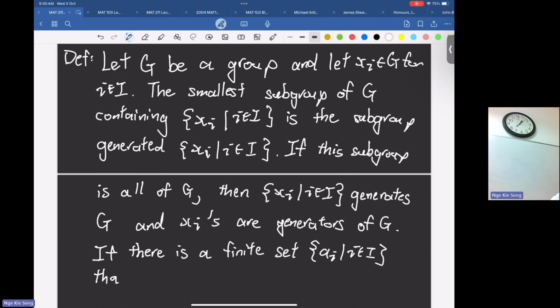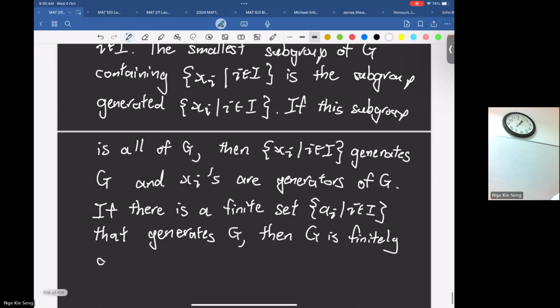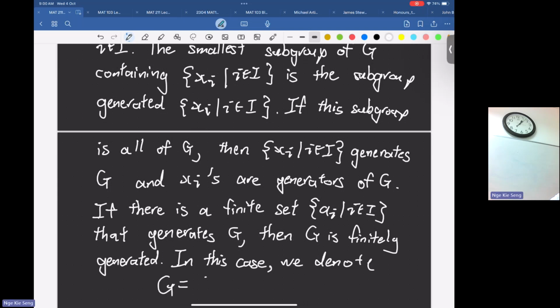Maybe we look at some examples so they will click into your mind. Then G is finitely generated, G equals the bracket of, sorry, I changed my notation, xi.